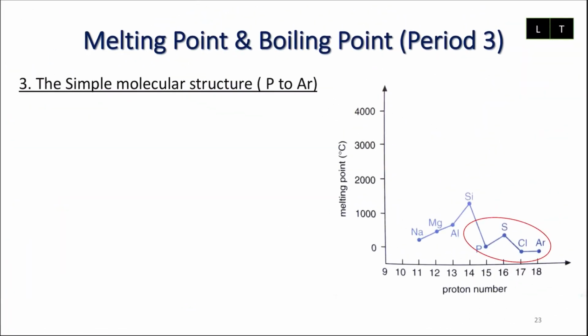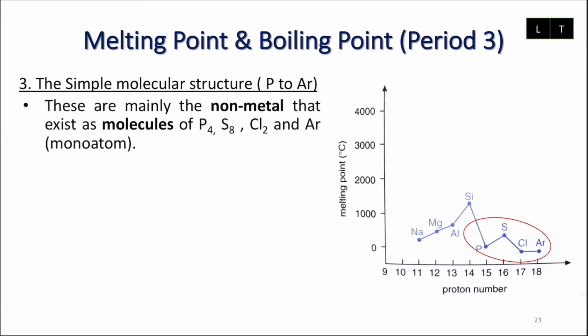Next one, we have the third part, the simple molecular structure daripada elemen phosphorus until argon. So these are mainly the non-metals that exist as molecules. Bila dia exist sebagai molecules, maknanya awak kena tahu dia punya simple formula.